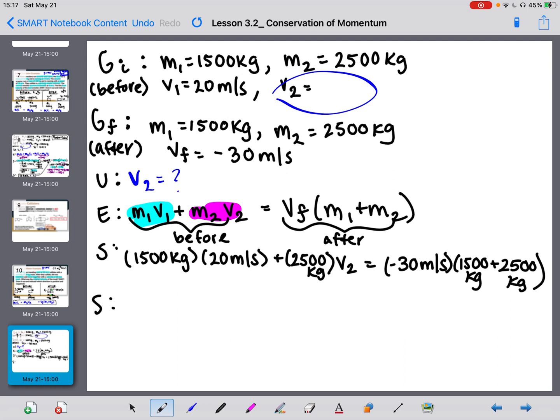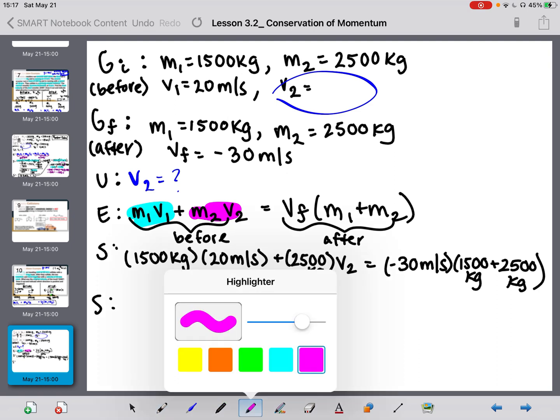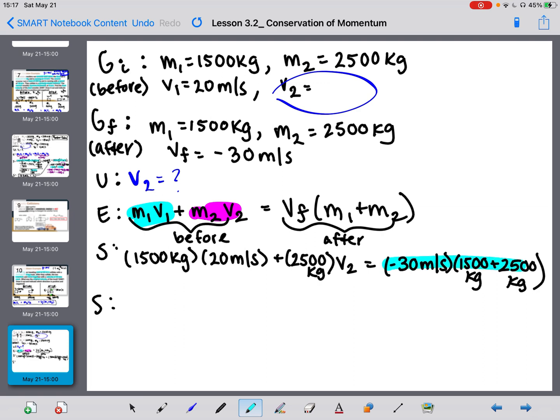So now let's clean up this side right here. This is where all my numbers are. Let's clean that up because it looks pretty heavy over there. So we do negative 30 times 1,500 plus 2,500, and you should get that this side of the equal sign is equal to negative 120,000.